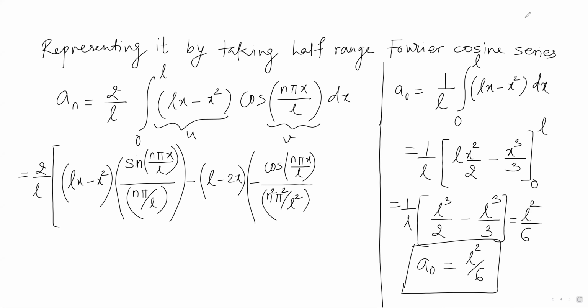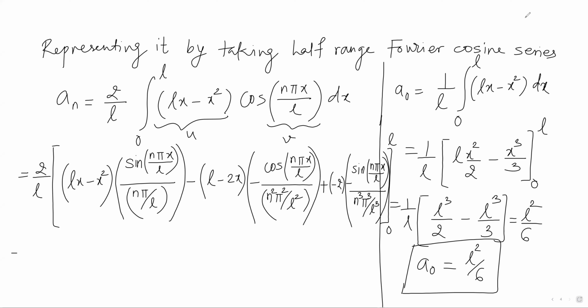Again, one more n pi by L will get added. Then next is plus minus 2, and take the integral of this, which is minus of sine of n pi x by L, whole divided by n cube pi cube by L cube, and this limit will be from 0 to L.